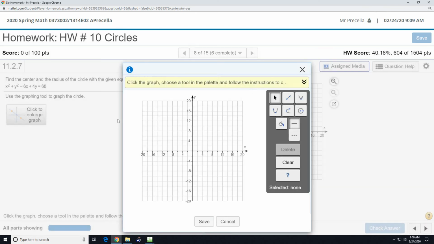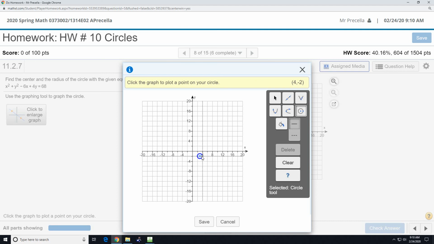Okay. Click circle. And what was that center? Let's see. 3, negative 2. Oh, wow. Is each little mark on this graph a 2? It is, isn't it? So I'm at 3, negative 2. So that's sort of hard to tell there. So I'll click. And now I need to move over 9. Each little mark is 2.